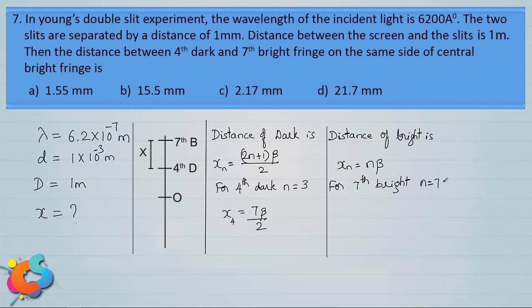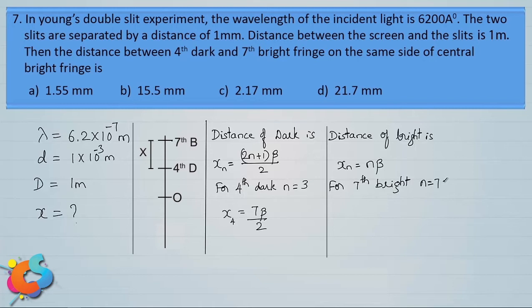For bright fringes, the value of n is the fringe number itself. For example, for 7th bright n is 7, for 5th bright n is 5, whereas for dark this number slightly changes. For 3rd dark the value of n is 2, for 5th dark the value of n is 4, for 10th dark the value of n is 9, and so on.